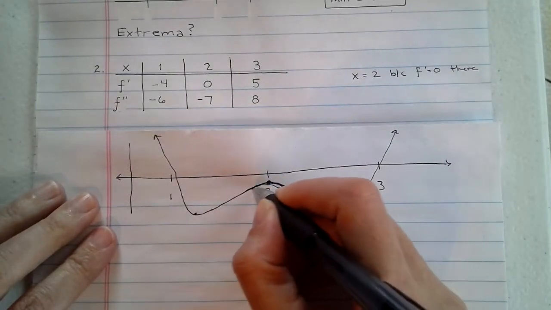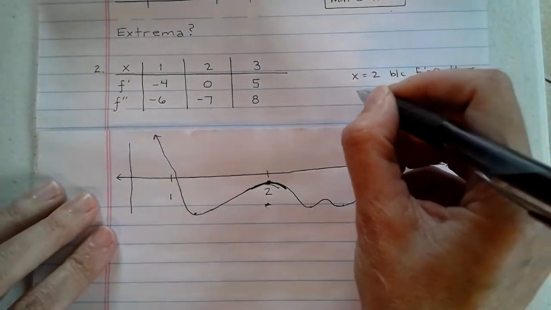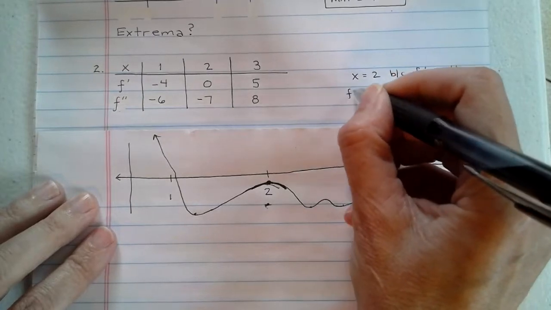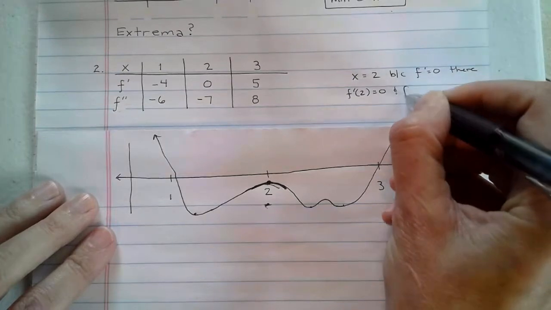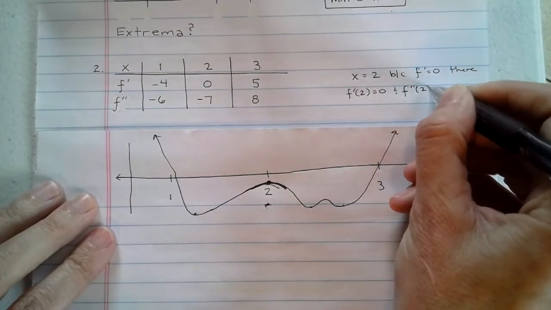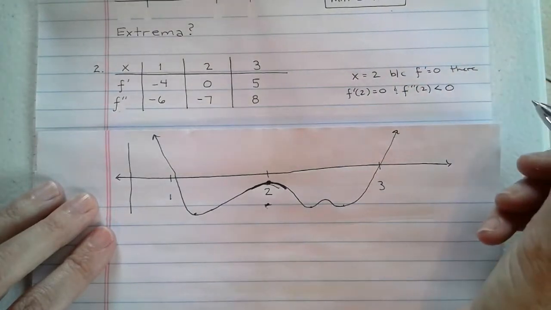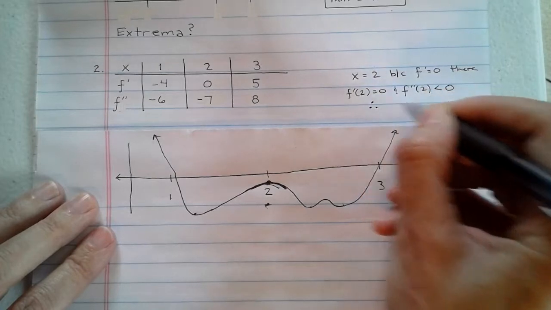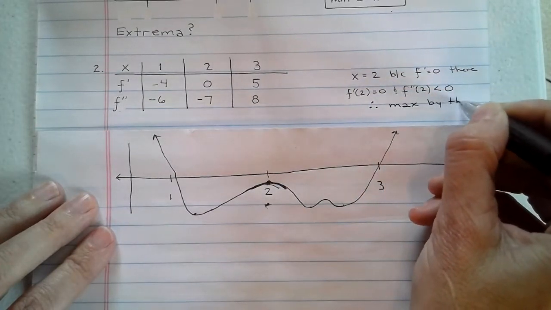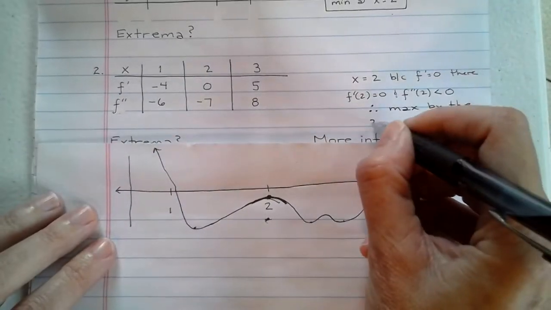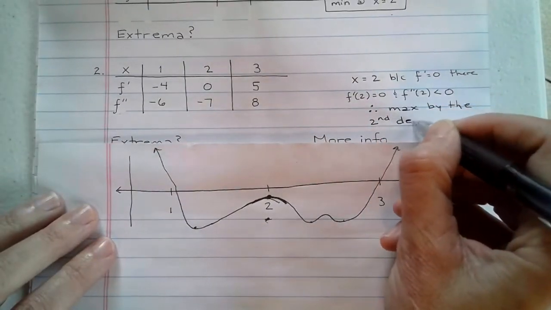So that would make it a max. So f prime at 2 equals 0, and f double prime at 2 is less than 0. It's negative 7. Therefore, we have a max by the second derivative test.